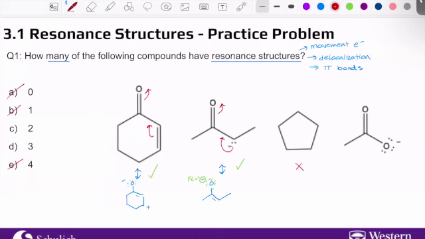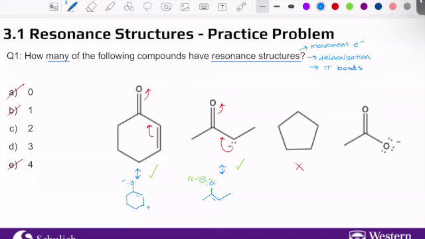And we already had determined that our third compound does not have resonance because it cannot have delocalization or movement of electrons. So we either then are left with options C and D.